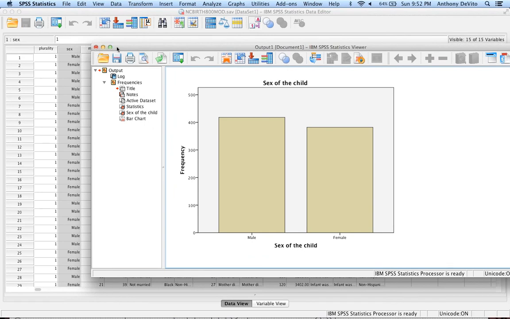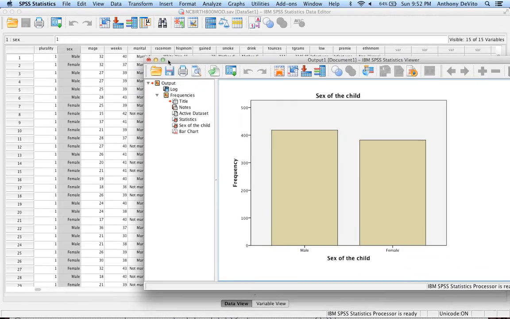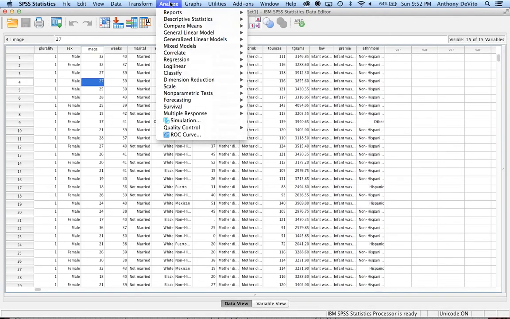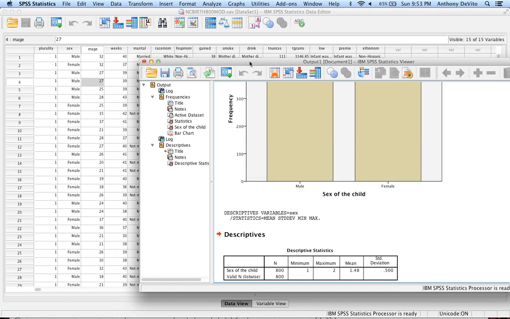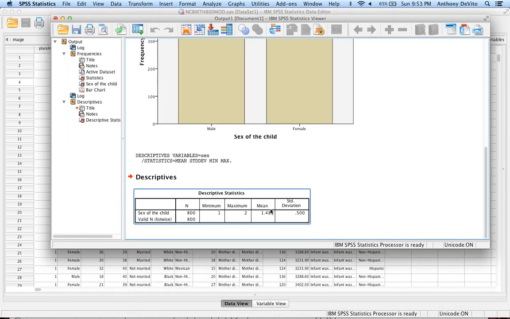Now, for the data we were after for the weight gain, I'm going to click back here, Analyze, Descriptive Statistics. Now you guys know that I go to Descriptive Statistics, I go into Descriptives. It'll give me kind of a basic version. I can move the sex of the child in here. It'll give me a basic list of descriptive statistics. Right here it comes up.